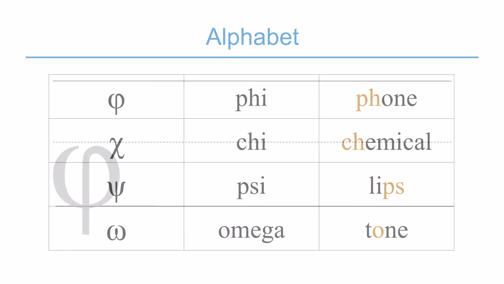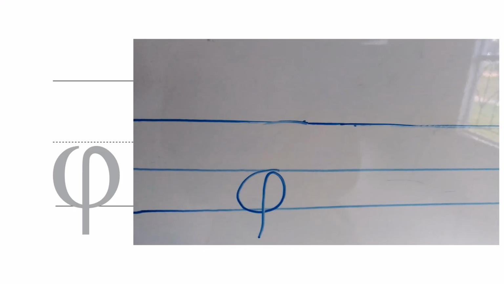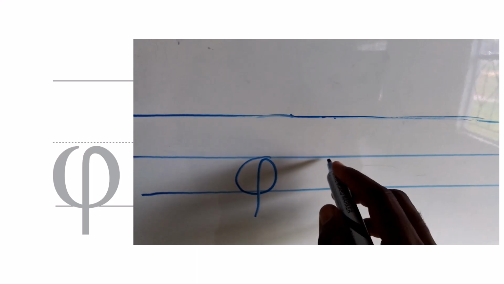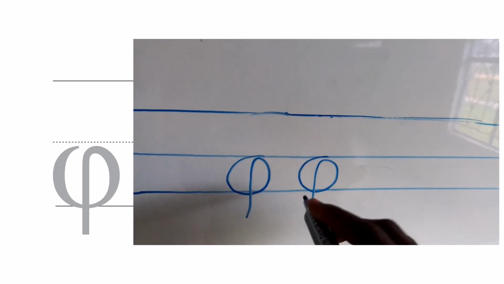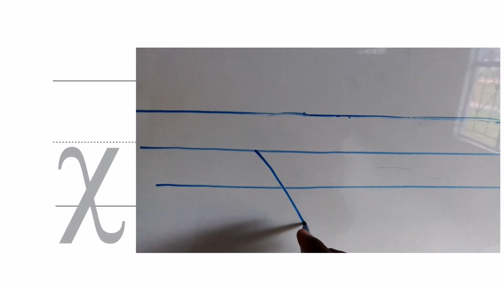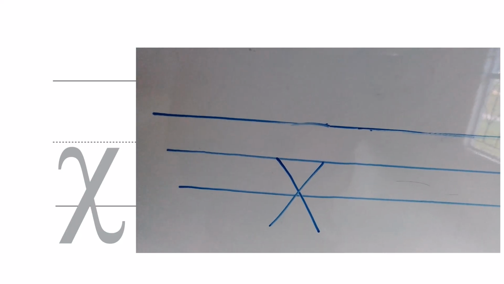And so let's look at how these letters are written. The first one is phi, which is written as if you want to write O, but it turns and bends and crosses the O. So that's how you write the Greek letter phi with a PH sound. The next one is chi, and chi is written like X for English, but it protrudes just below the line.